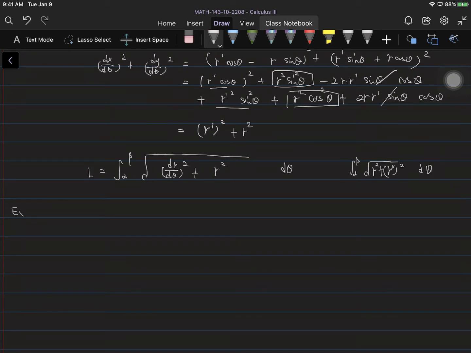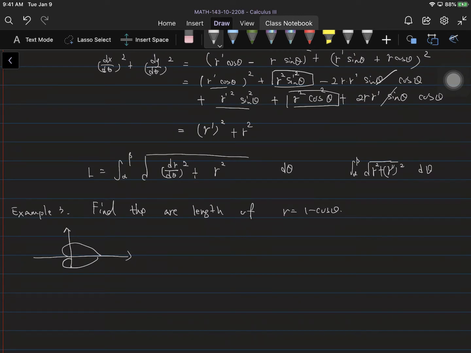Example 3. Find the arc length of the cardioid r equals 1 minus cosine theta. The graph looks like this, with theta from 0 to 2 pi.